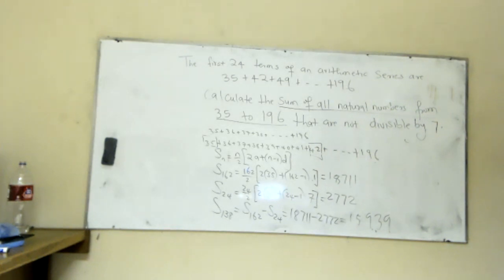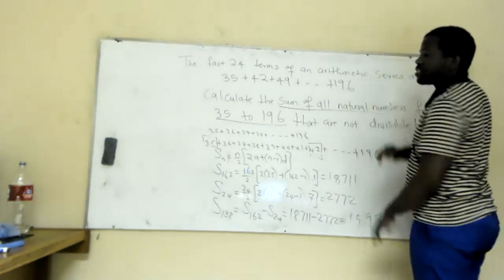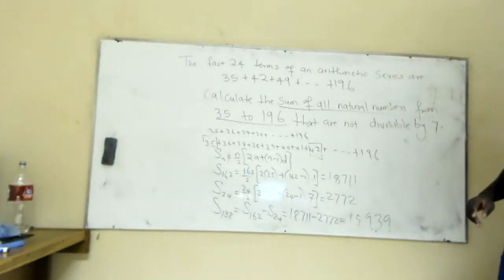Actually, this question you're going to do alone and then send to me before 8 tonight. I would want to check if you are understanding everything about arithmetic series. Actually, this is regarded as a difficult question under arithmetic series.